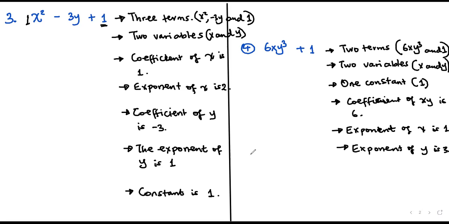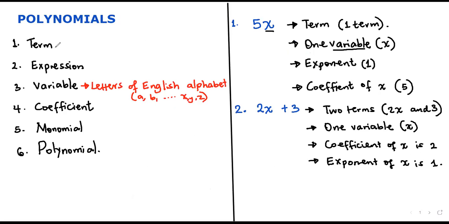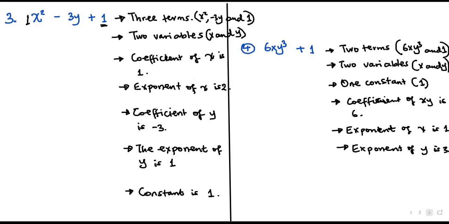Okay. Now, at this time, we know what is term, we know the expression, we know the variable, we know the coefficient. Now, let's try to know what is monomial and what is polynomial. Let's get to know the monomial.